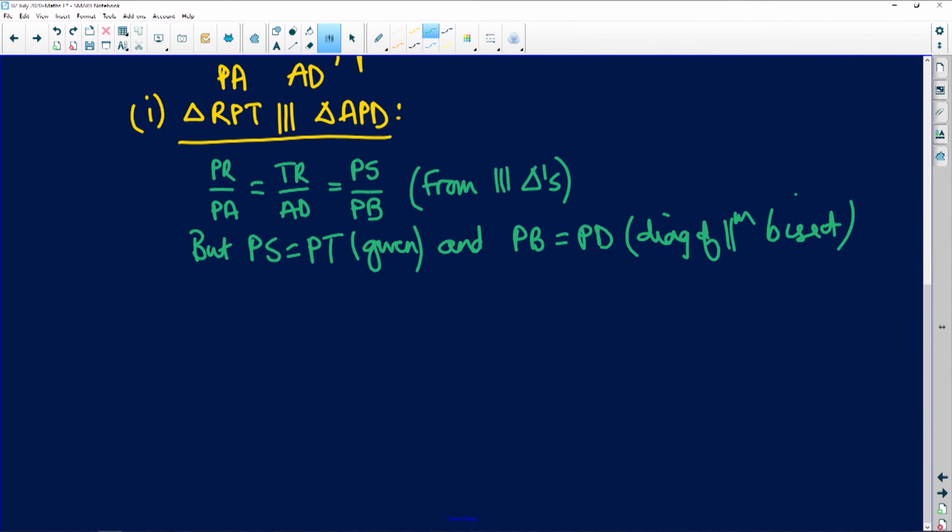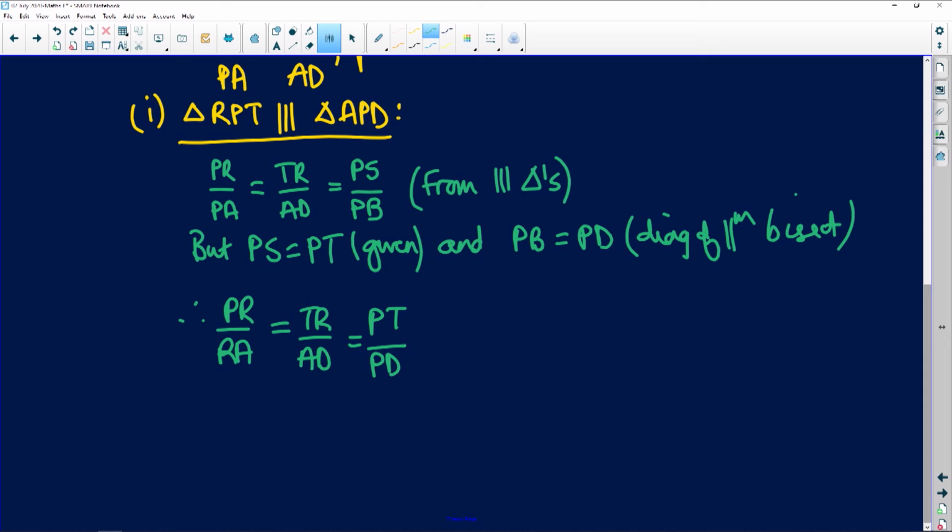And now it's just a matter of replacing those values in here. So we can immediately say that PR over PA is equal to TR over AD is equal to PS becomes PT and PB becomes PD.